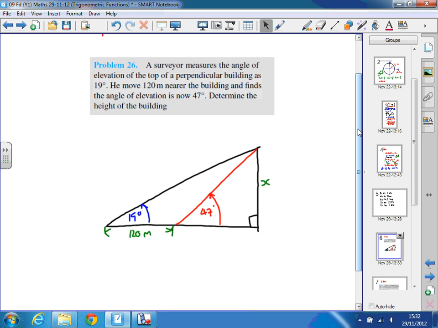So we could find these angles at the top if we wanted to. What's the same about both of these? Anything that's the same?